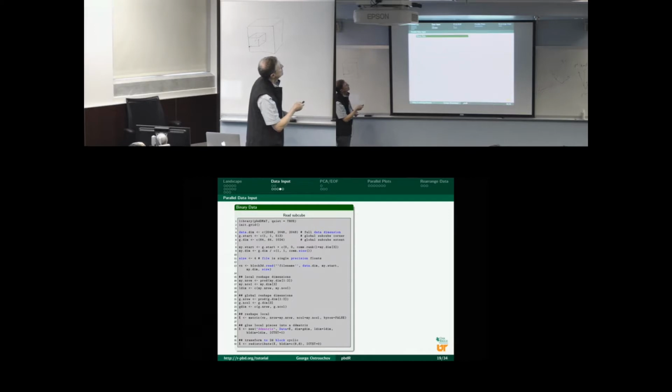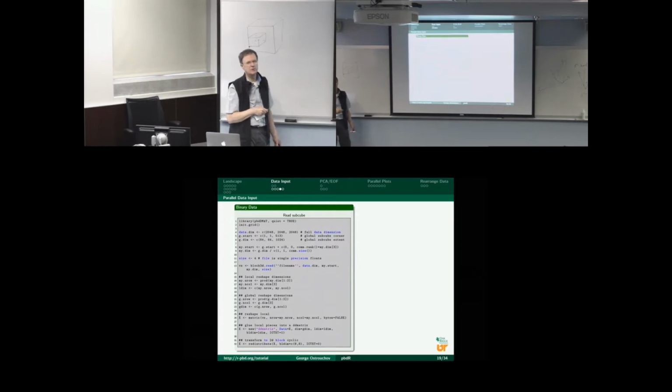Anyway, so you basically determine it from what is my rank and what is my dimension, which depends on how many instances I'm running, which is com size. So com size tells you how many instances of this code are running in parallel, and com rank tells you which one you are.